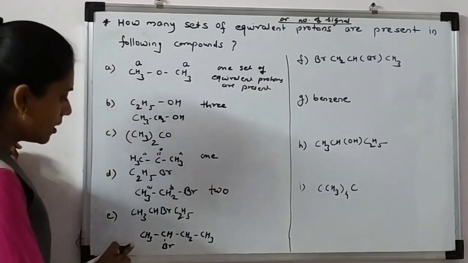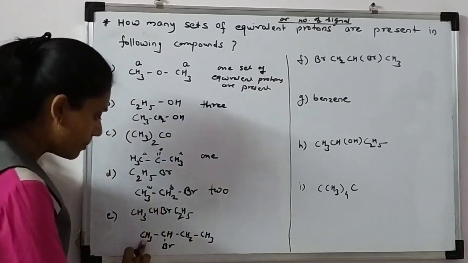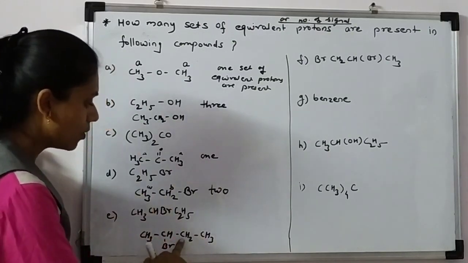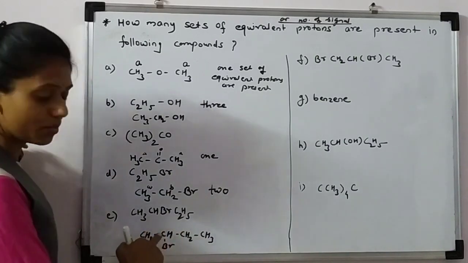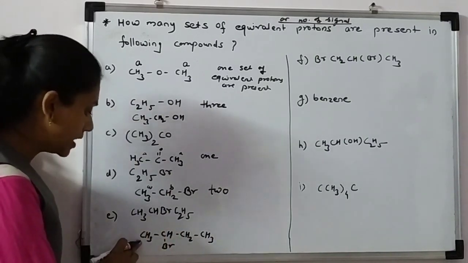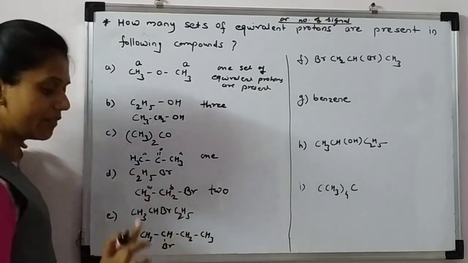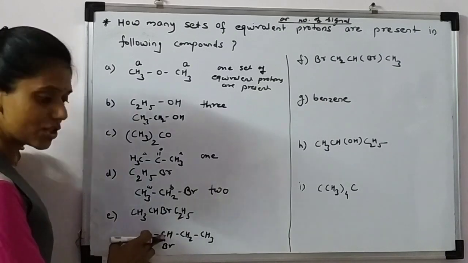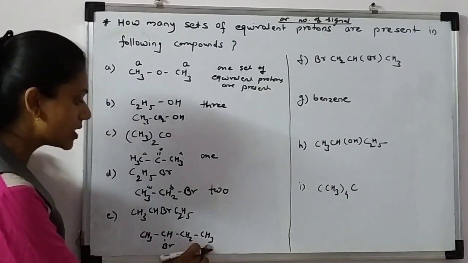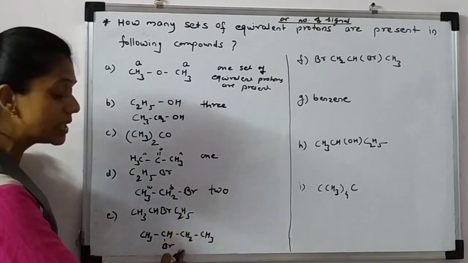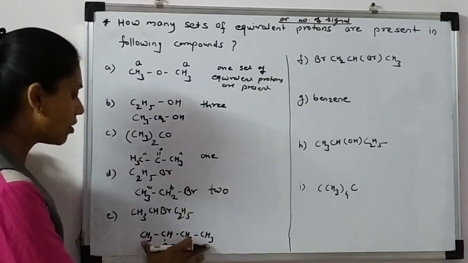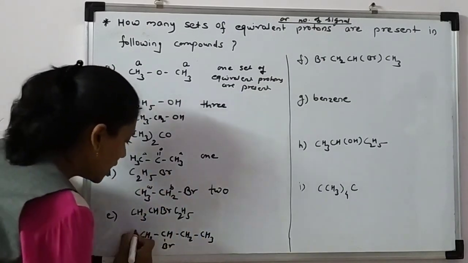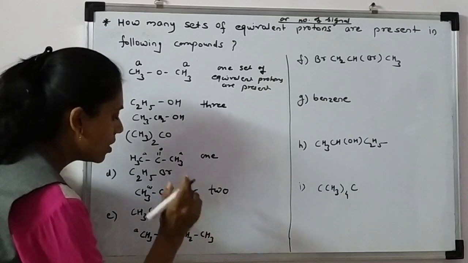Now here there is one methyl group, and here also a methyl group, that means two methyl groups, one methylene group and one methyl group. The environment of this methyl group and this methyl group is different, since these three protons are attached to the carbon atom which is attached to CH, and these three protons are attached to the carbon atom which is attached to the CH2 group. That means the electronic environment of these three protons is different, that's why the sets of equivalent protons are also different.